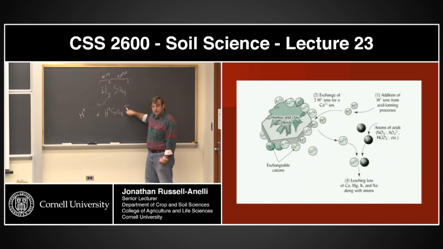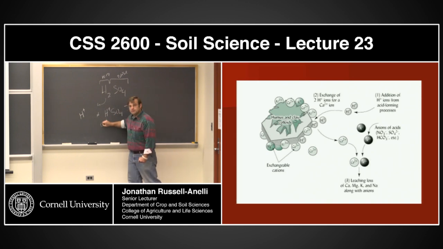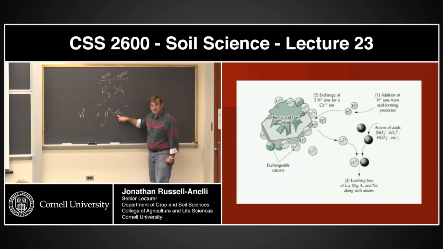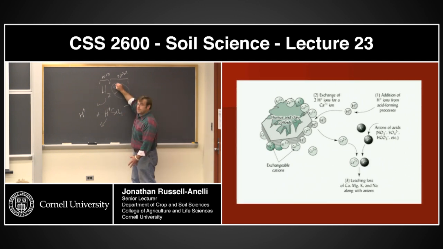It has a stronger charge now. Now, if this proton leaves, this base gets even stronger. So in essence, the story is this base can potentially neutralize these acids. Does that make sense?